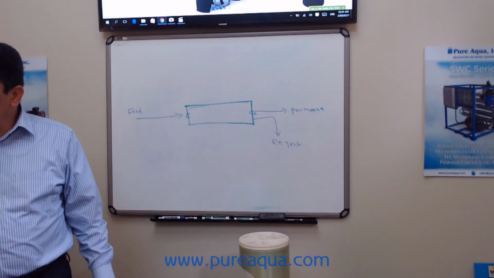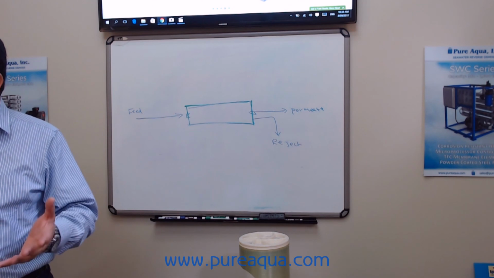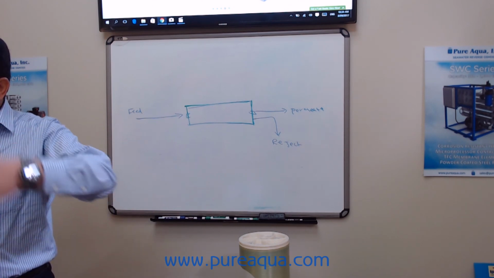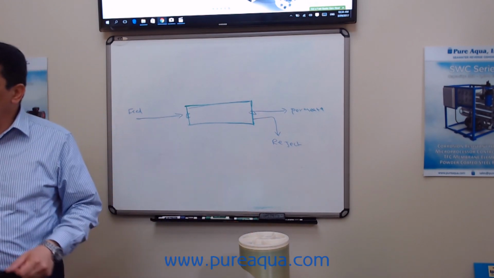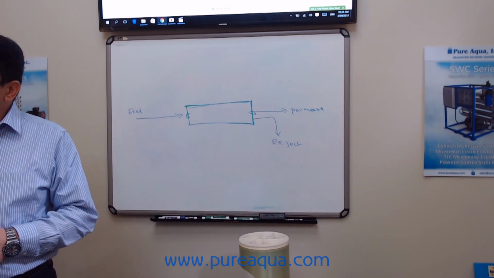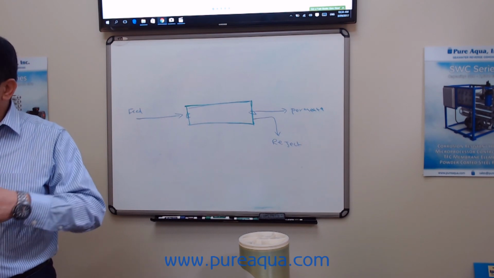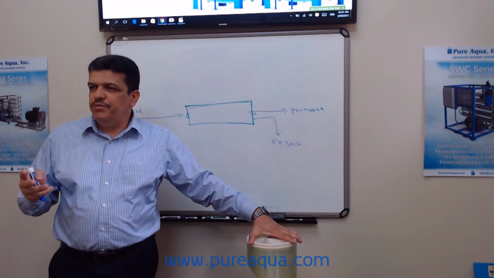This pipe has little holes inside and collects all the good water, the permeate water. Then they roll it. At the end of the membrane, they have a little glue, and this is all automated because they control the thickness of the glue. They roll it and come up with a thickness. There are 2 or 3 different types of membranes.